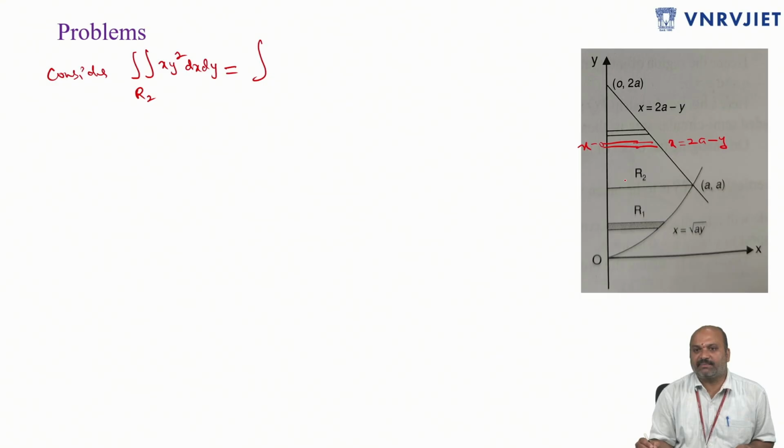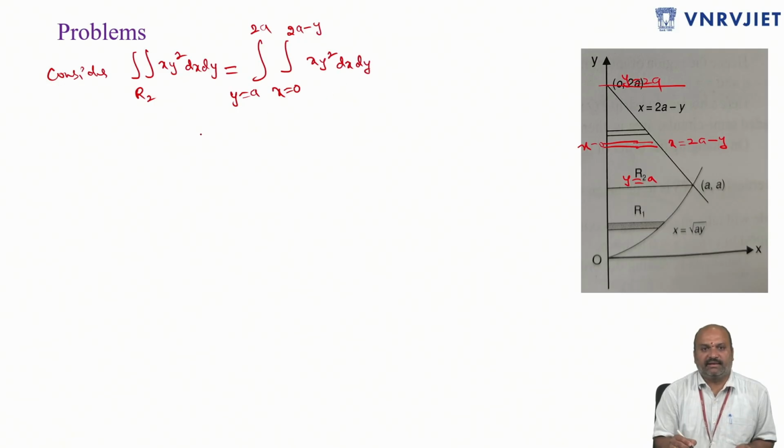To cover the region, this strip has to slide from the line y equals a to y equals 2a. So y varies from a to 2a and x varies from 0 to 2a minus y, of xy square dx dy.